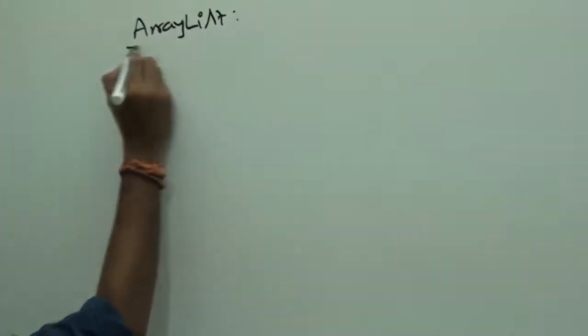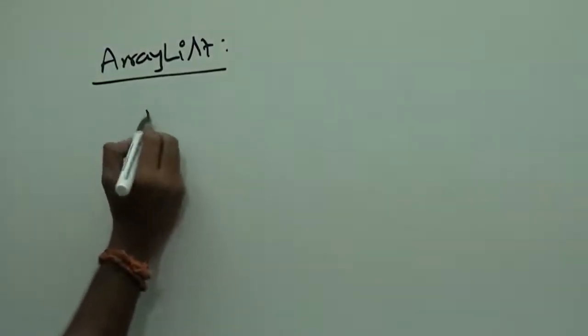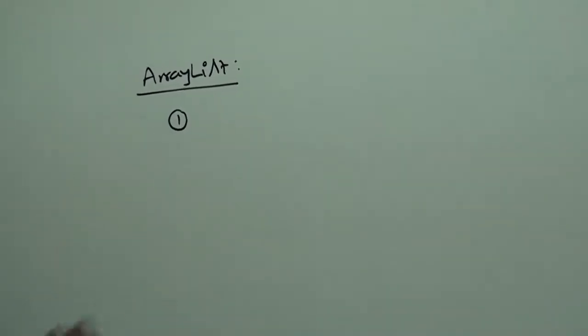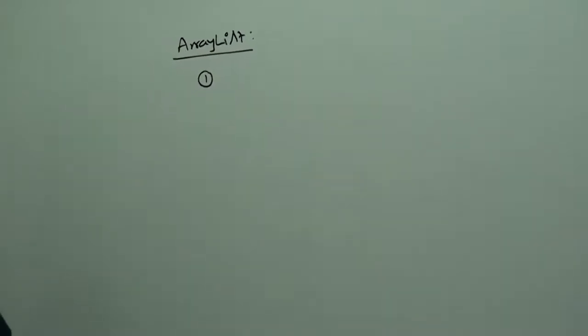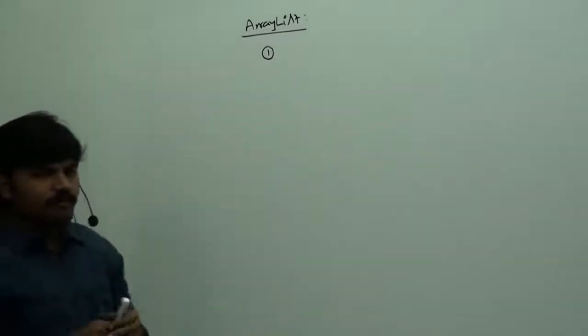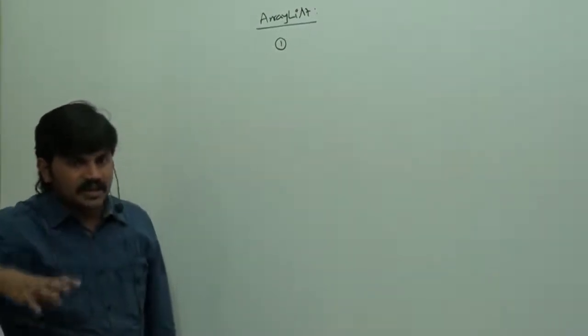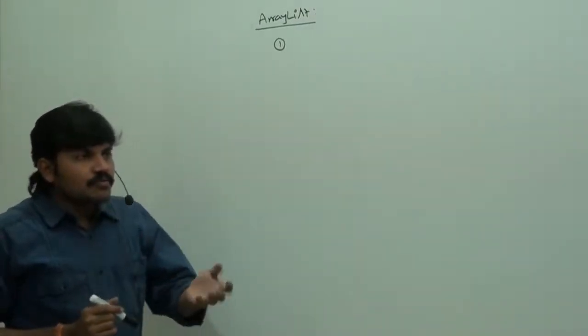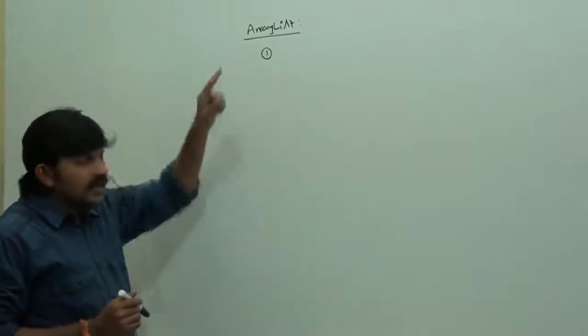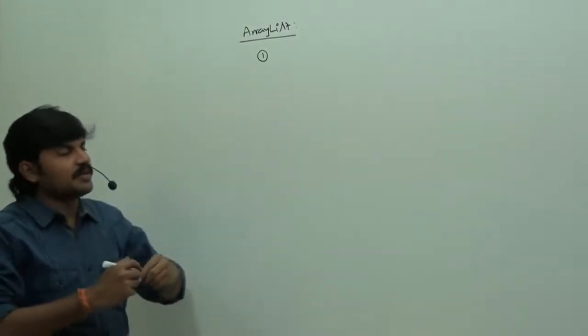So the first point, what is the underlying data structure for ArrayList? Do you know? Every collection class is implemented based on some standard data structure. Based on which data structure is the ArrayList concept implemented in Java?